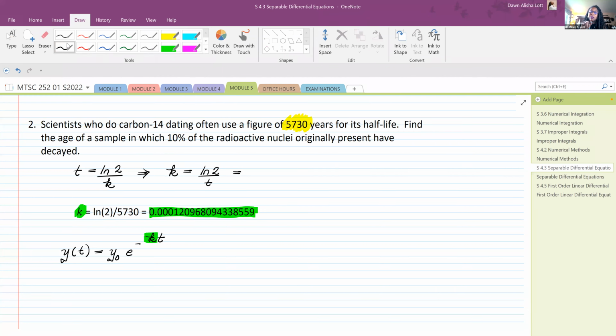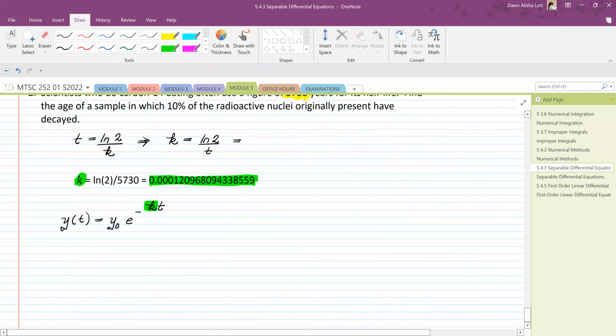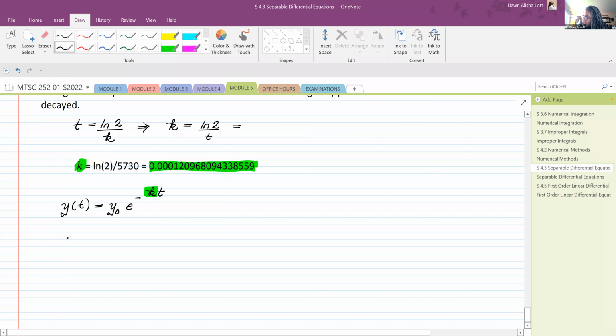So how much is still left? 90%. So 90% of the original amount is still left, and that is equal to the amount that we would have at any time t. Therefore we get 0.9 is equal to e to the negative kt.